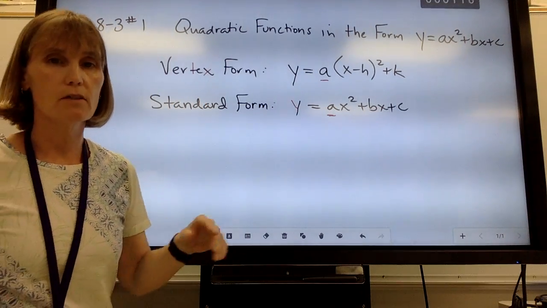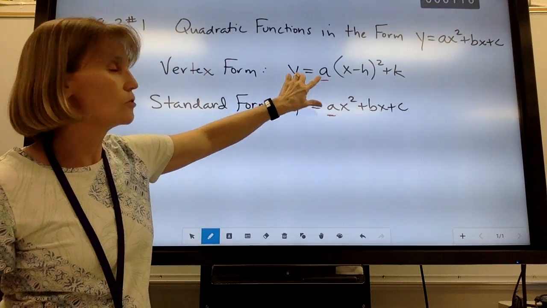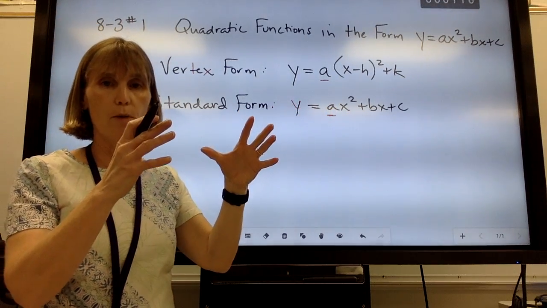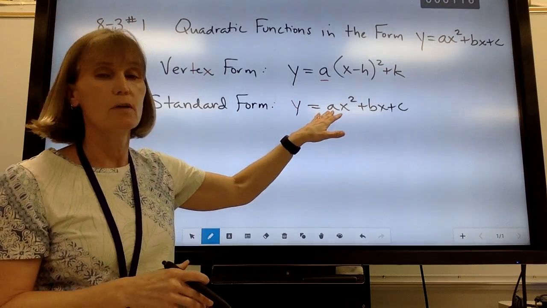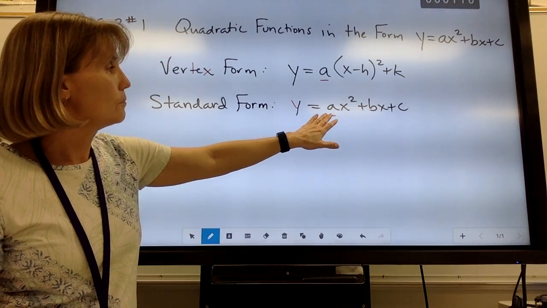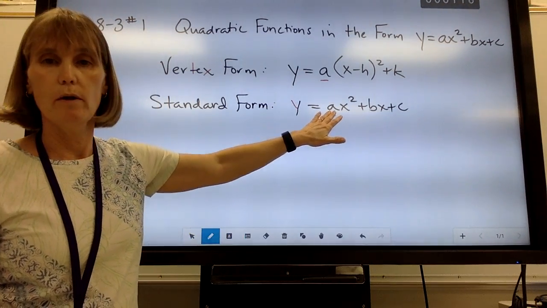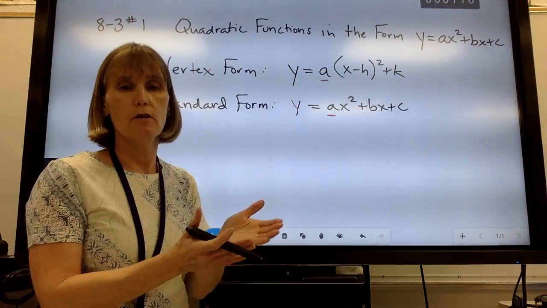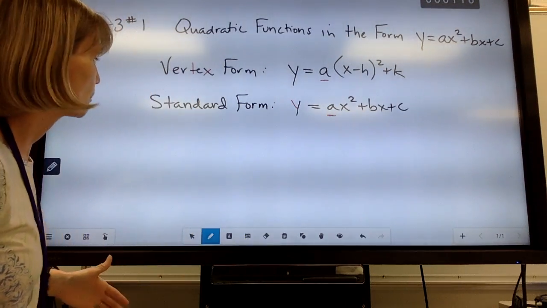That A value serves the same purpose. When this A value is positive, your parabola is going to open up. When this A value is negative, your parabola is going to open down. When that value is greater than 1, your parabola is going to get thin, skinny. If you have a fraction here, you're going to see that parabola get wider.